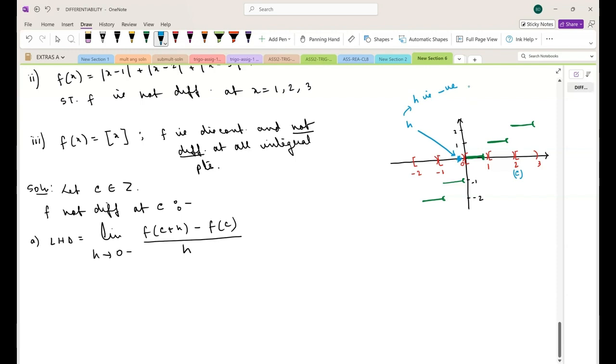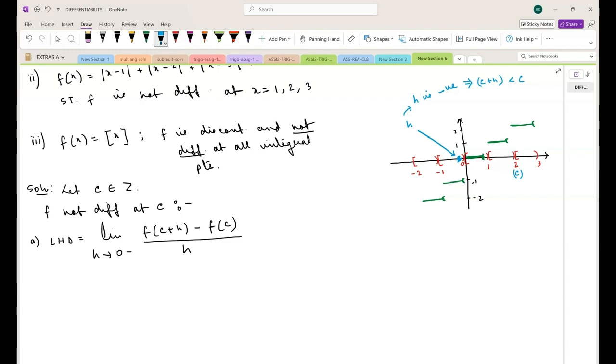Now, if h is negative, then c plus h is less than c, right? And you know that for a box function, whenever you choose an integral point and check what is the value of the function just to the left of that integer.